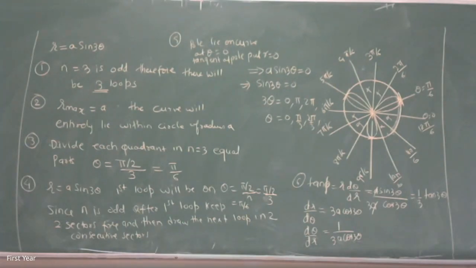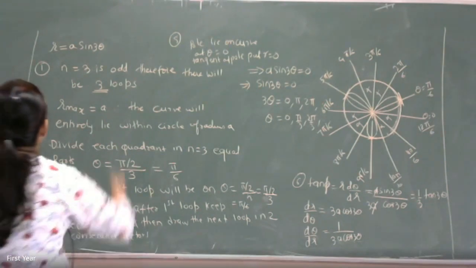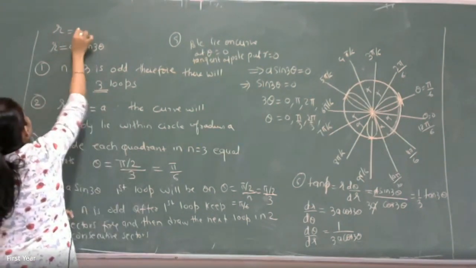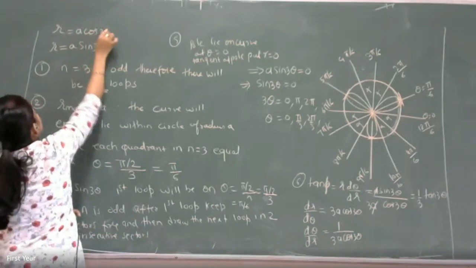Ma'am, repeat please. Trace the curve r is equal to a cos 3 theta.